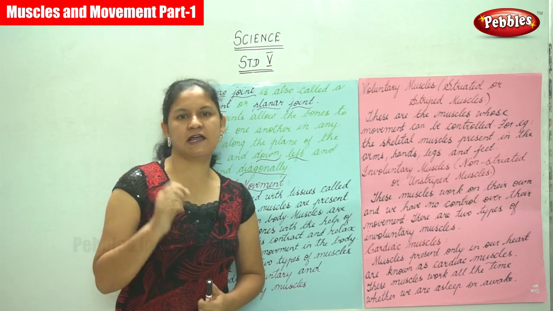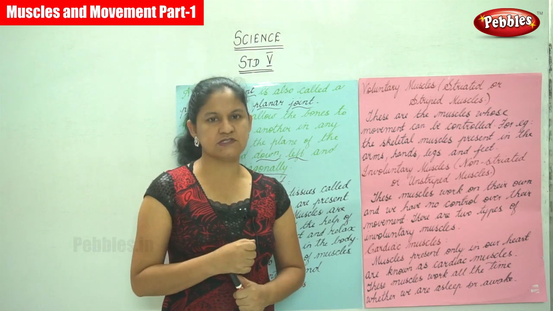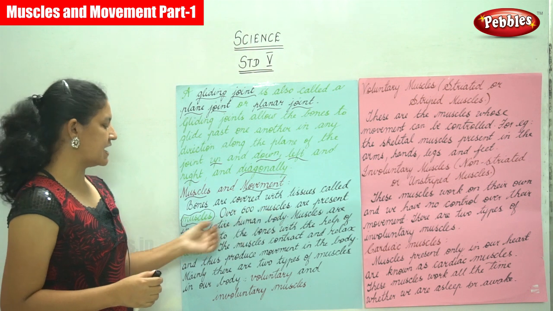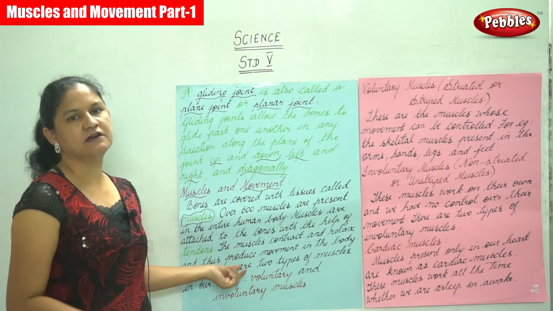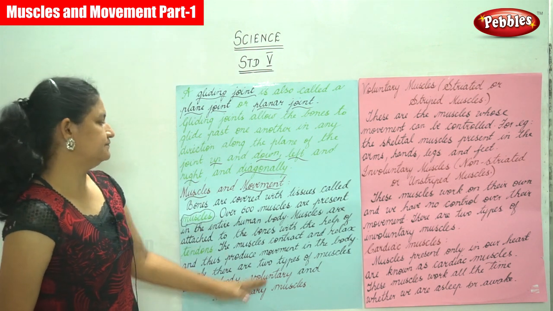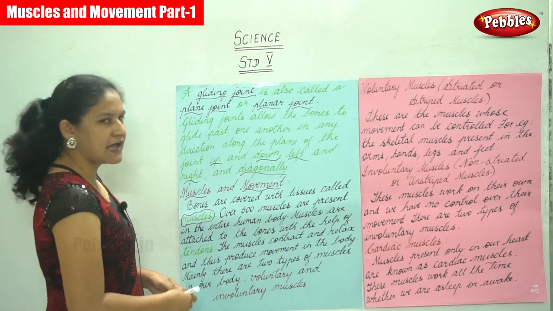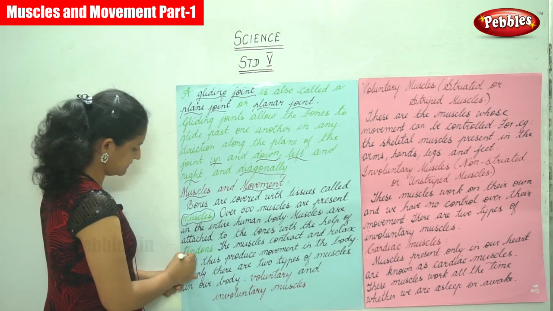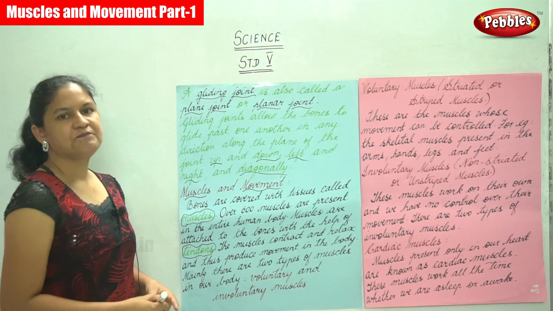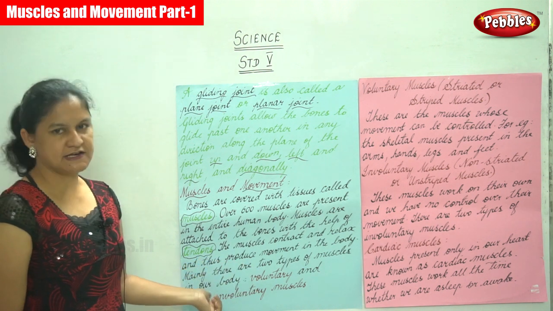We've seen that an adult's body consists of 206 bones, and we have 600 muscles present in the entire human body, from your skull to your feet. Muscles are attached to the bones with the help of tendons.